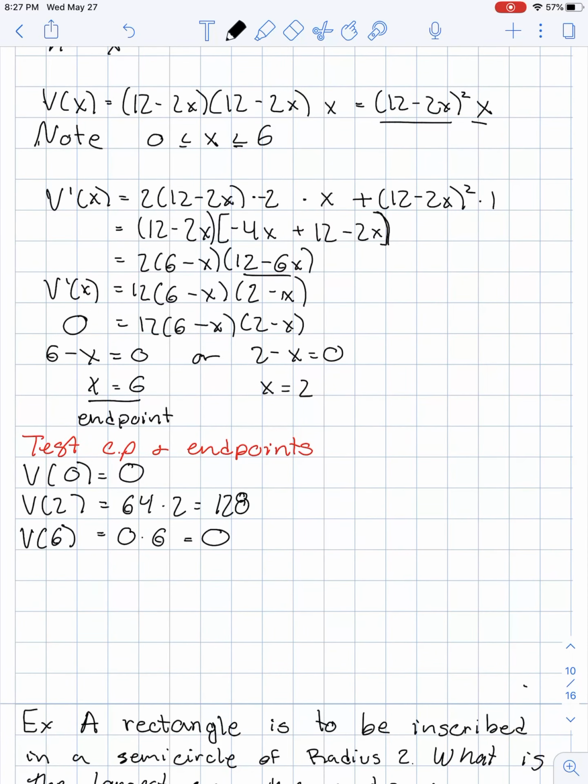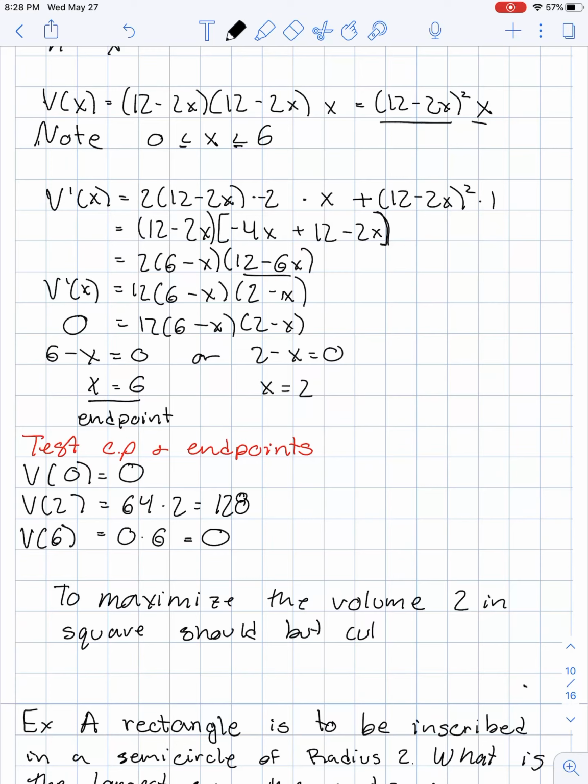But to finish it out, we would say to maximize the volume, two-inch squares should be cut out, right?